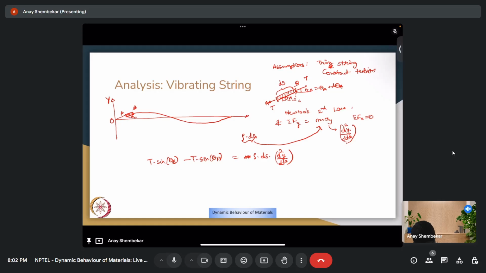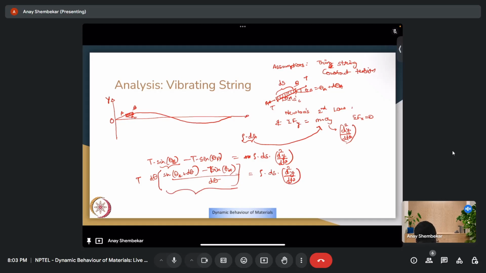If I further simplify this, this is sine of theta A plus d theta, minus sine of theta A, divided by d theta, multiplied by d theta, T equals rho ds d square y by dt square.